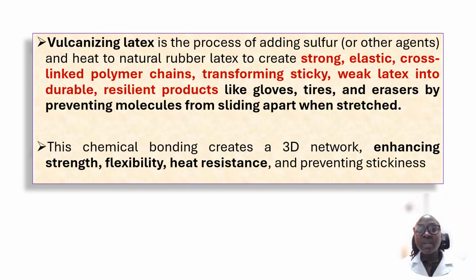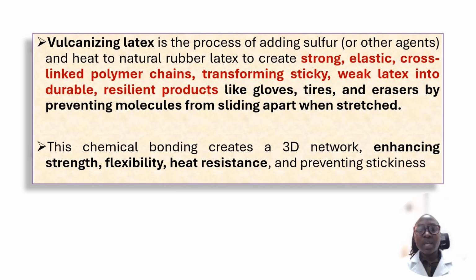Vulcanizing latex is the process of adding sulfur or other agents and heat to natural rubber latex to create strong, elastic, cross-linked polymer chains, transforming sticky, weak latex into durable, resilient products like gloves, tires, erasers, by preventing molecules from sliding apart when stretched. So natural rubber is the finished product of latex.